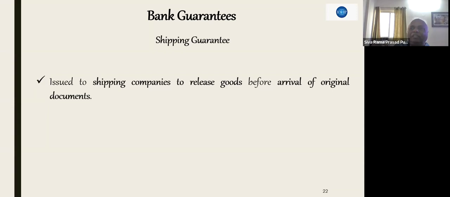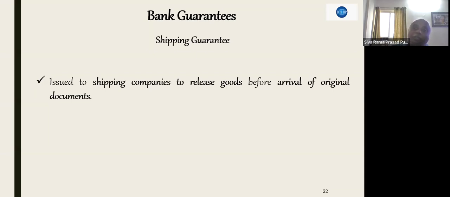Then the importer will take a bank guarantee for the total goods value from the bank, and say: I will submit the documents on arrival; in the meantime, please release the goods to avert those damages.